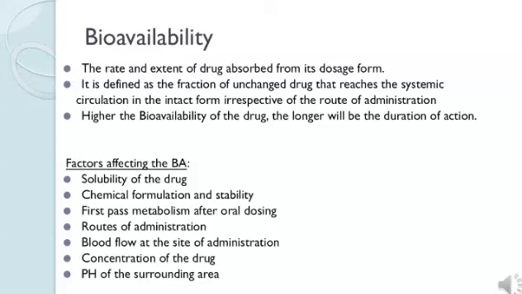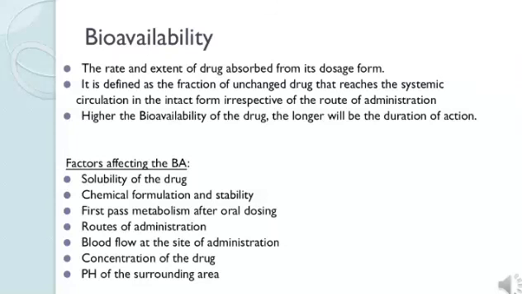After absorption, distribution and metabolism, how much of the drug is distributed to the target part? For example, you want this drug to go to the lungs and you are giving 100 milligram of the drug. After the absorption, metabolism and distribution, when it reaches the lungs, how much is effective?